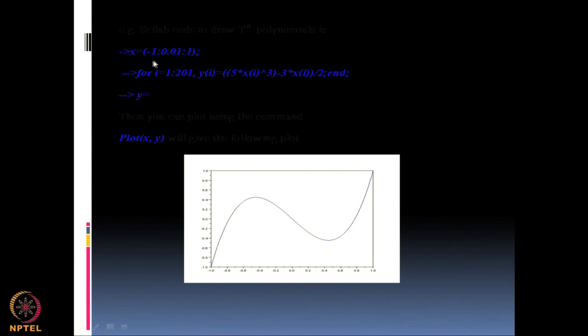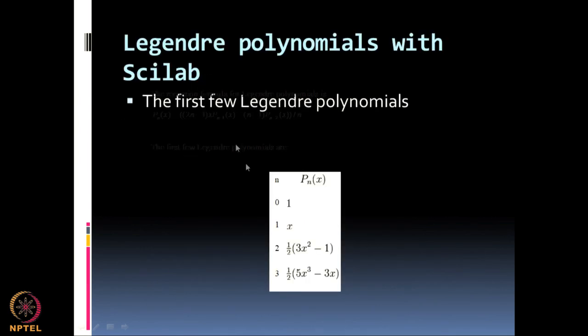So, this is my do loop. So, this will generate 201 values of x, and once you generate 201 values of x, now you want to generate all the values of y. So, what are the values of y now? Go back to the slide. Values of y are half of 3x squared minus 1. So, this is my function.